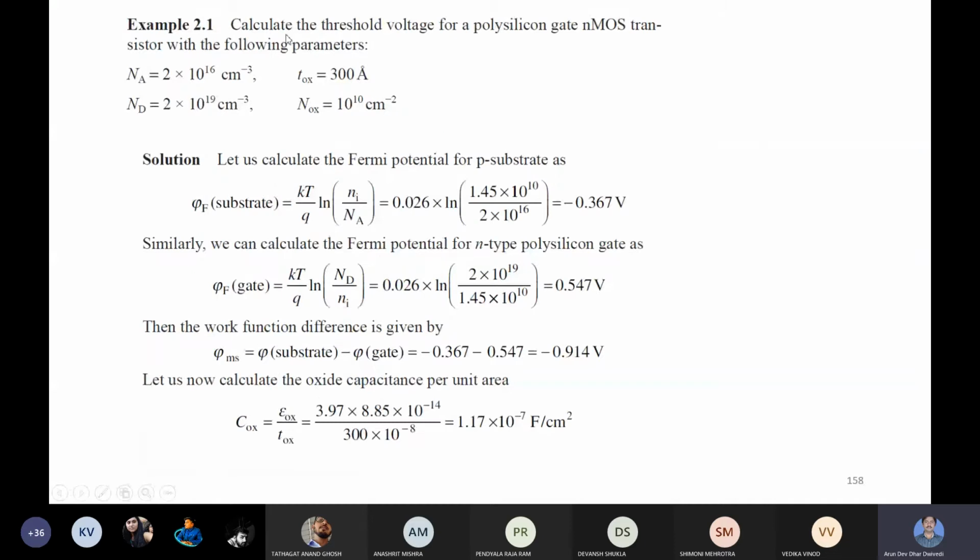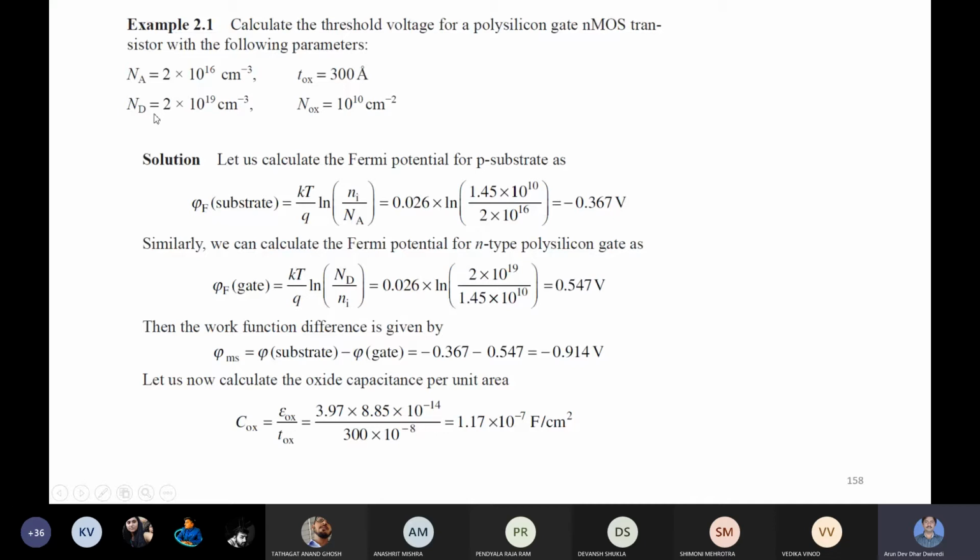Question: calculate the threshold voltage for a polysilicon gate n-channel MOS transistor with the following parameters. Na, the doping concentration of the p substrate, is given as 2 into 10 power 16 per centimeter cube. Oxide thickness is 300 angstrom.